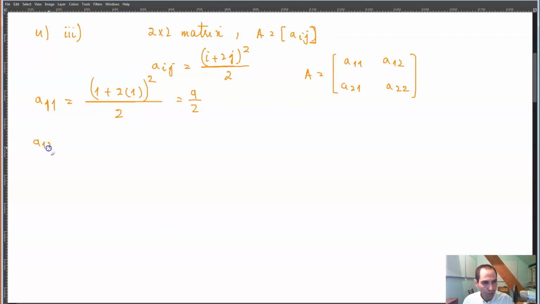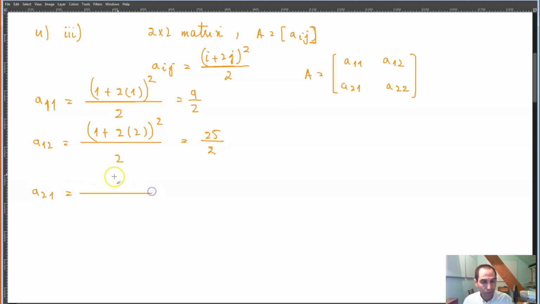A12 is equal to 1 plus 2 times 2, whole raised to the second power divided by 2. So that is equal to 4 plus 1 is equal to 5, 5 squared is equal to 25, that's 25 halves.